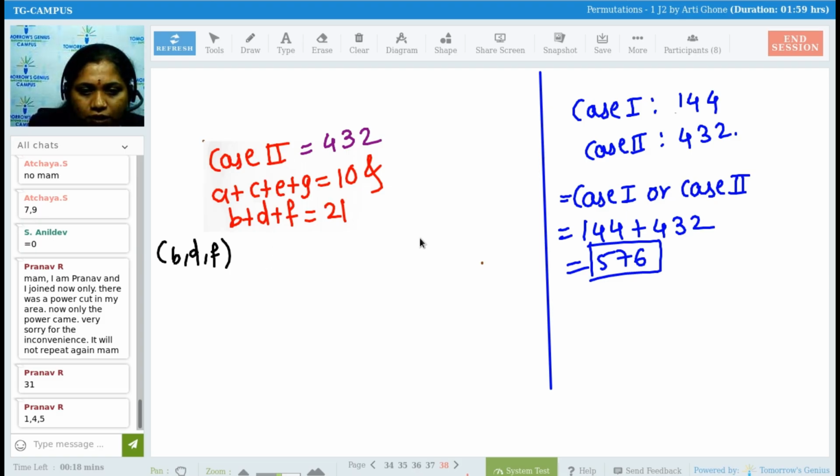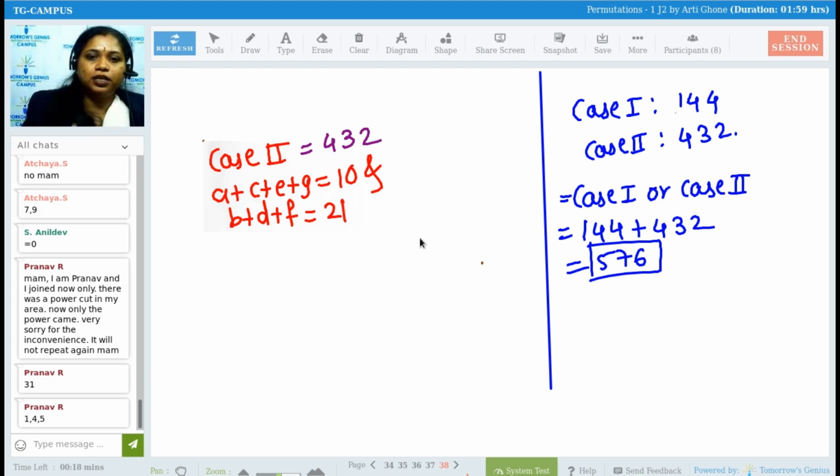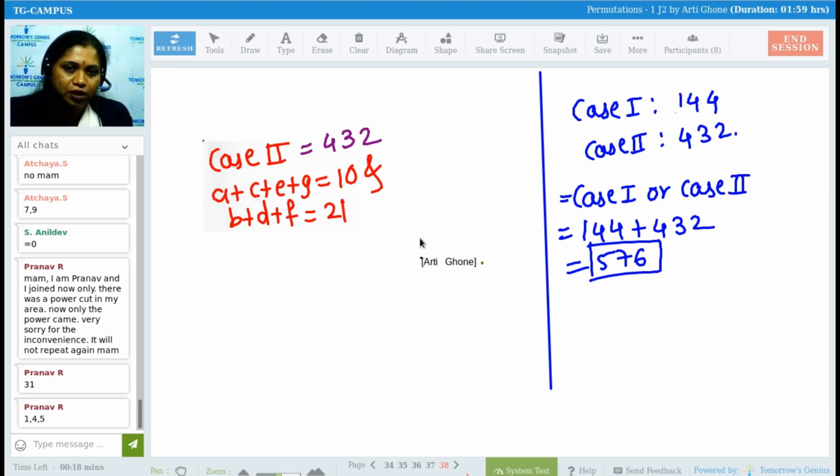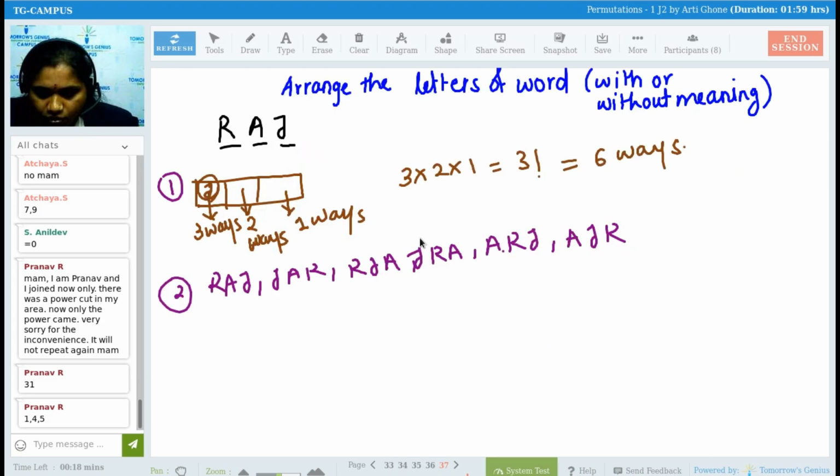Think on these possible combinations. You will get the answer 432 in case 2. And we'll try for a shortcut method in the next lecture if any is available. Okay, clear?